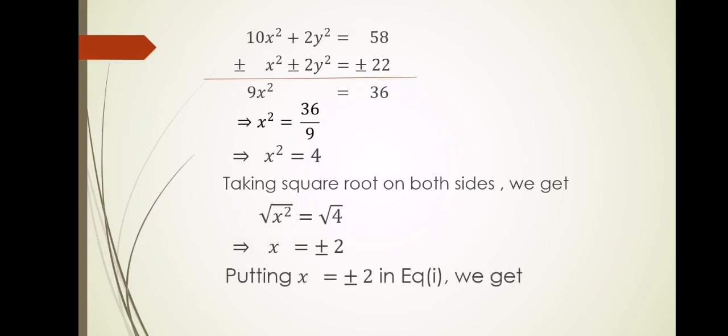Now putting x is equal to plus minus 2 in any of the above equations, and we have taken equation number 1. So putting x is equal to plus minus 2 in equation number 1, since the equation was x square plus 2y square is equal to 22, in place of x we just put plus minus 2 square. So it will be 4 plus 2y square is equal to 22.